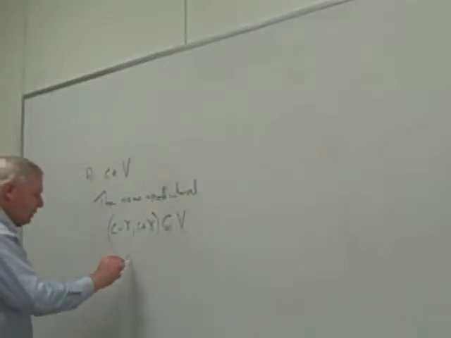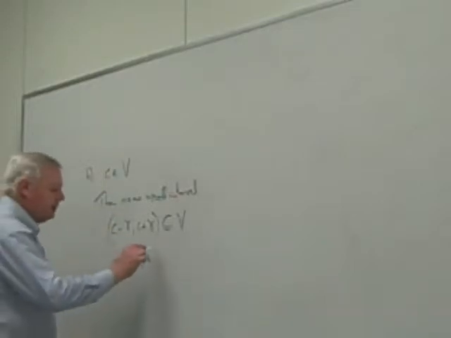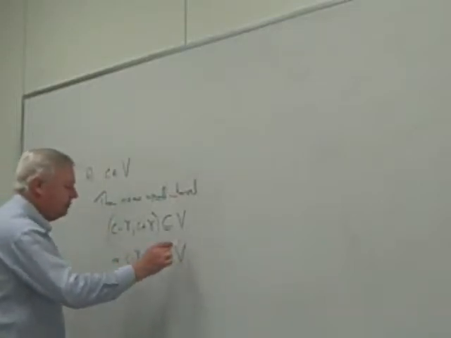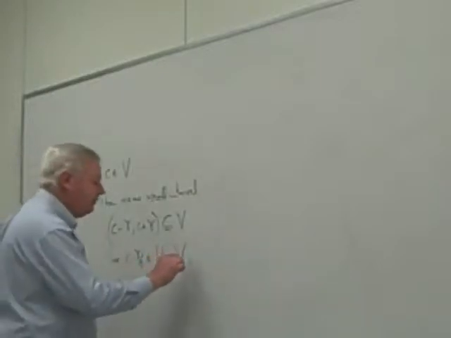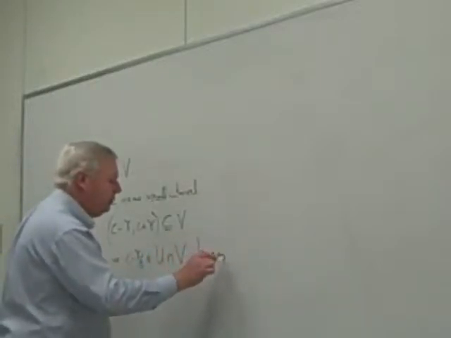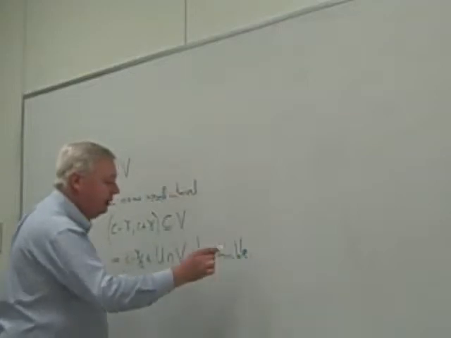And so if I look at the point C minus gamma over 2, that is in U intersect V. Again, it's impossible because we're assuming that U and V are disjoint.